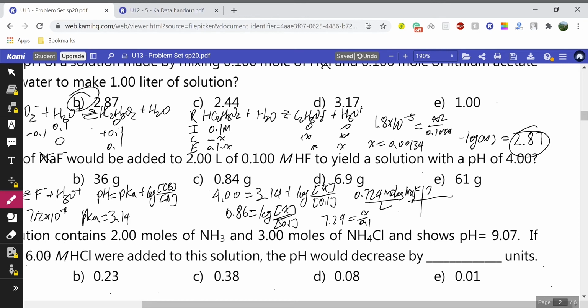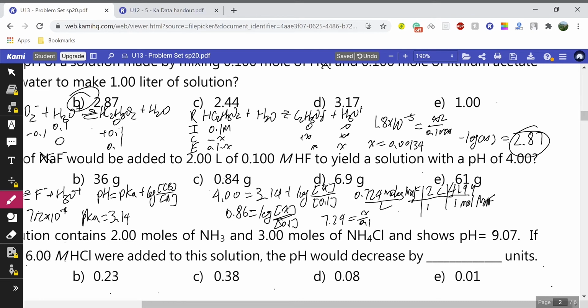Let's just put a 1 down here. And after that, the liter will be gone and we have moles. So for every 1 mole of NaF, what is the weight? What is the weight of NaF? Na is 22.99. F is 19. So when you add them together, it's going to be 41.99.